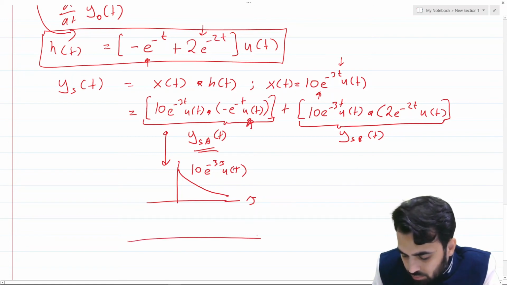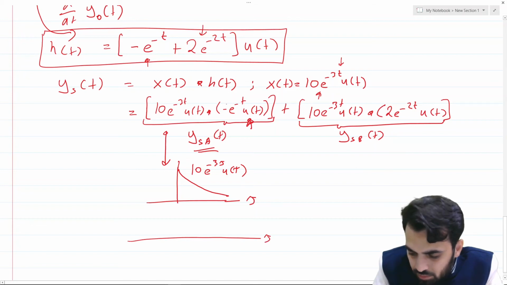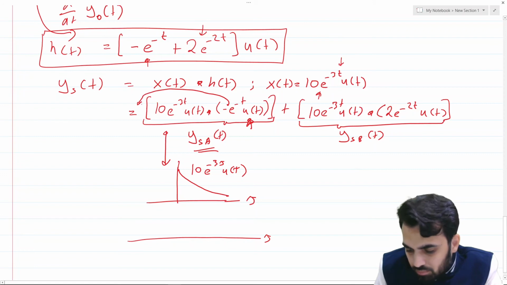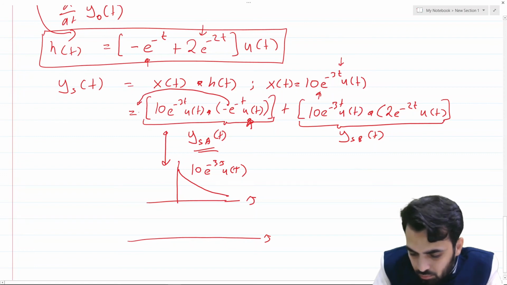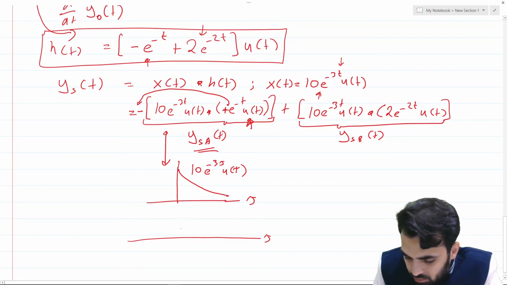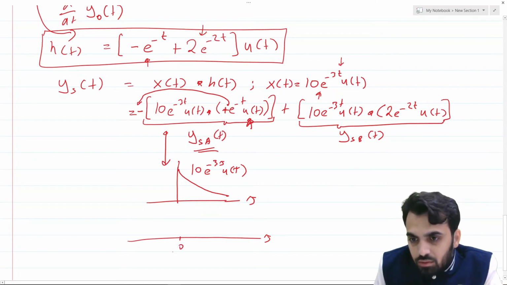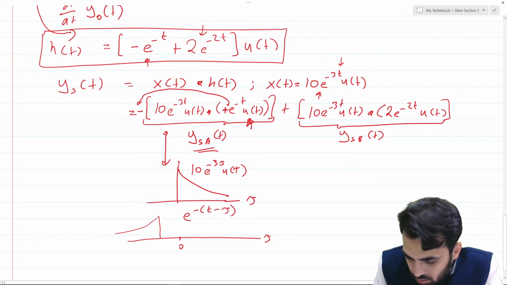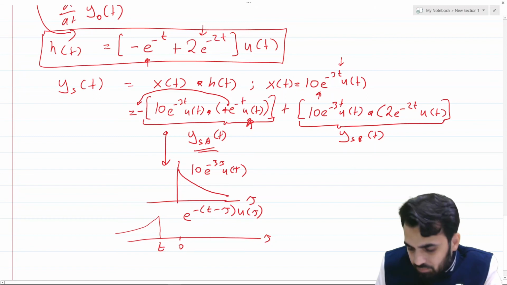Note that we can bring this minus outside, so it will make it simple. That is, we can have a minus here and plus here. So this is our 0, and we have e^(-(t-τ))u(t-τ), where this is t.